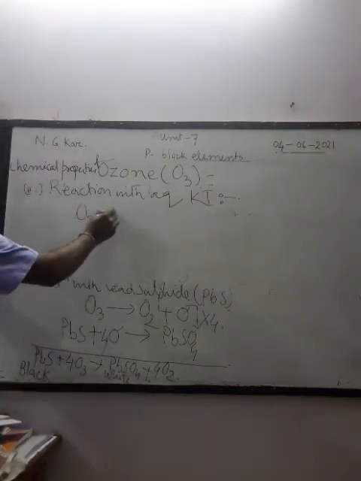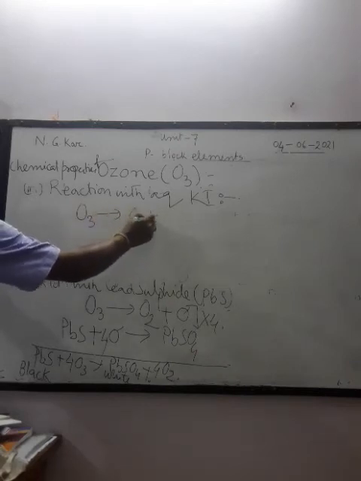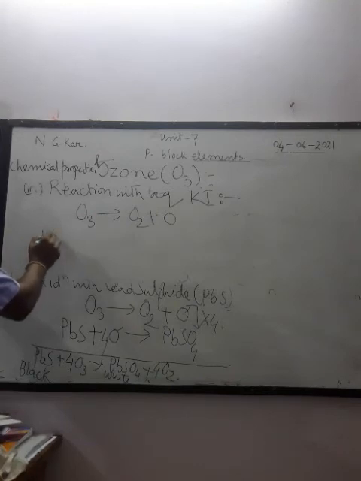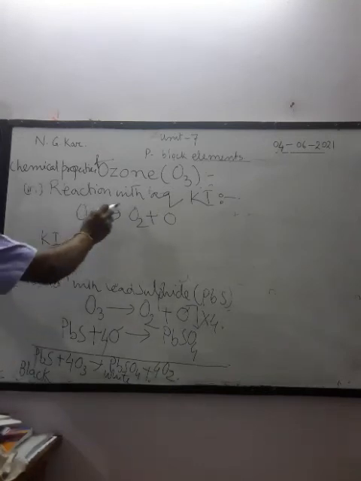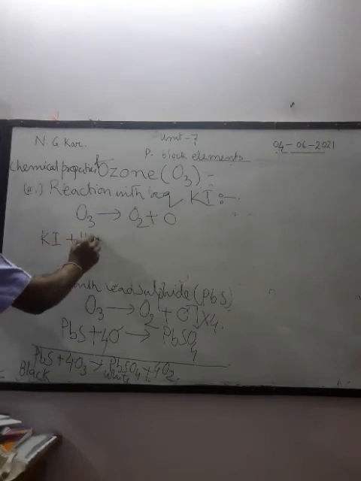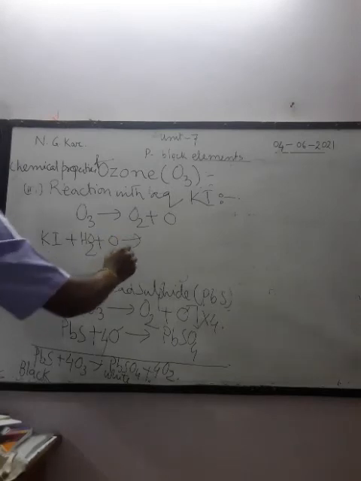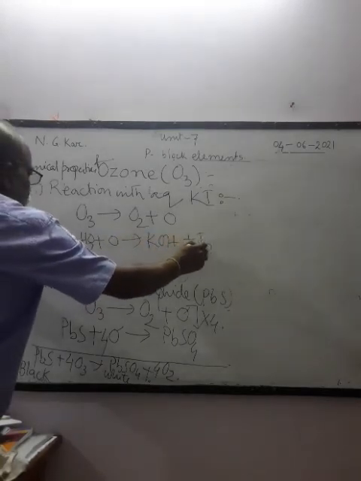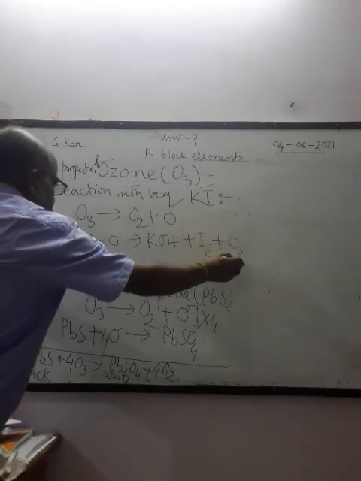Ozone decomposes to O2 and atomic oxygen. KI, potassium iodide, aqueous means it contains water, reacts with atomic oxygen forming KOH plus I2 plus O2.